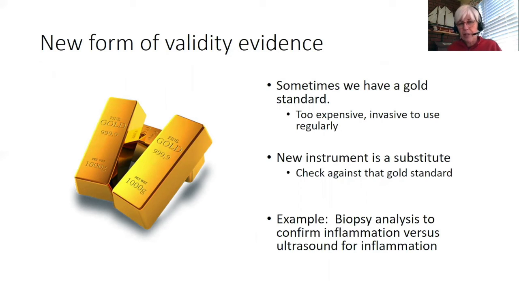This is a form of validity we sometimes call criterion validity, where the criterion means that we have a gold standard. For many outcomes like pain and function, we do not have a gold standard, so we talk continuously about construct validity. But in imaging outcomes, we sometimes do, like a biopsy analysis to confirm inflammation, as opposed to an ultrasound exam.